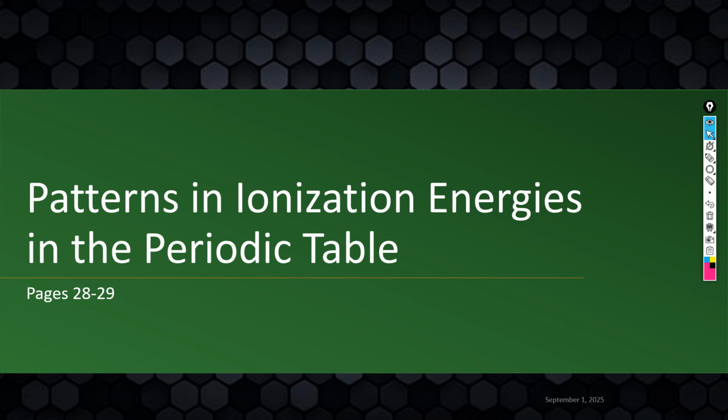So we're going to talk about this in the light of ionization energy, but always keep in mind that we can expand that, and critical thinking will be applied in the test to expand it to other parts of the curriculum, such as atomic radius, ionic radius, etc.